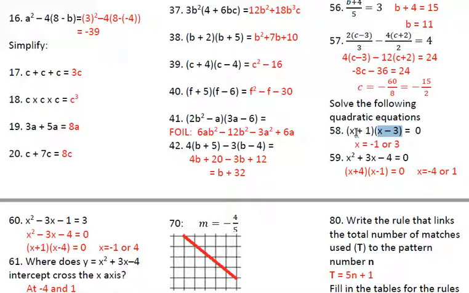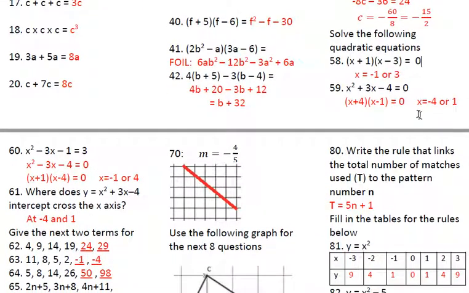If we look at x is negative 1, then negative 1 plus 1 gives us 0, and then 0 times whatever, it doesn't matter what it is, will give us 0. In the same way, if x is 3, 3 minus 3 is 0, and all of this here, x plus 1 times 0, will also give us 0. So in order to make this work, we could have x is equal to negative 1 or x is equal to 3.